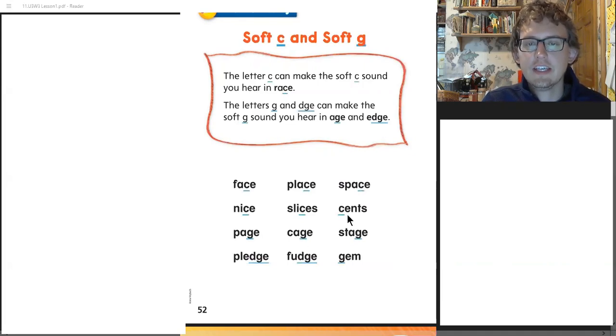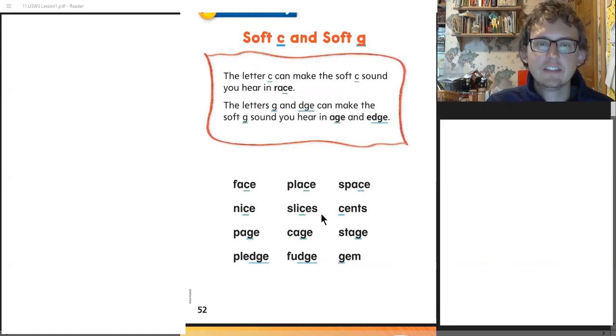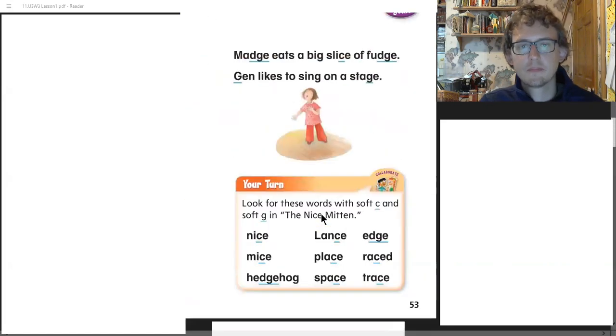If it's a CE sound, it's probably a soft C, so it's probably an S sound. If it's a CA sound, it's probably a hard C, so that's a K sound. So cage or cattle or catch, right? Yeah, okay. So let's go to the next page.